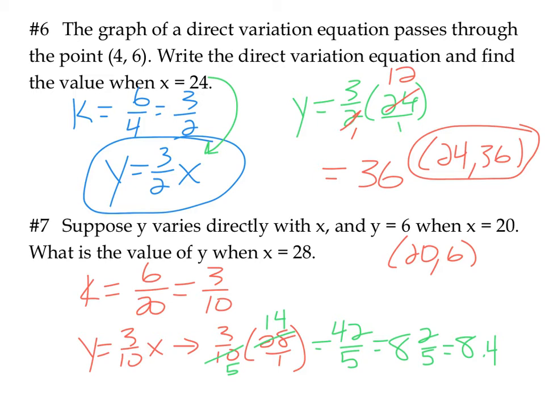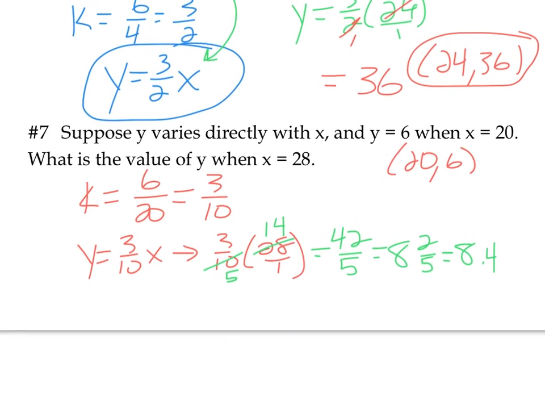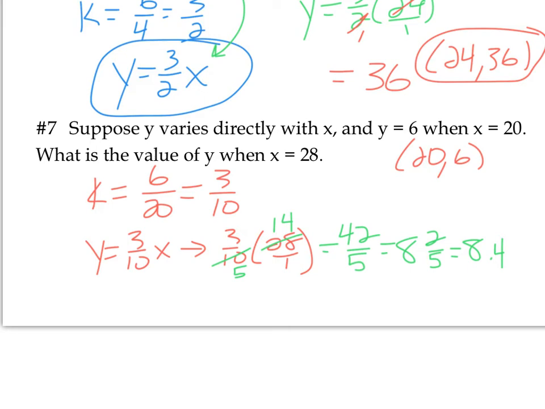Say we're going to show a different way that we can organize this same problem. Instead of writing out the k value, we can know that the constant of variation is y over x. That's going to be constant for every y and x value. So when we know that y is 6 when x is 20, that should be equal to some y value when x is 28.